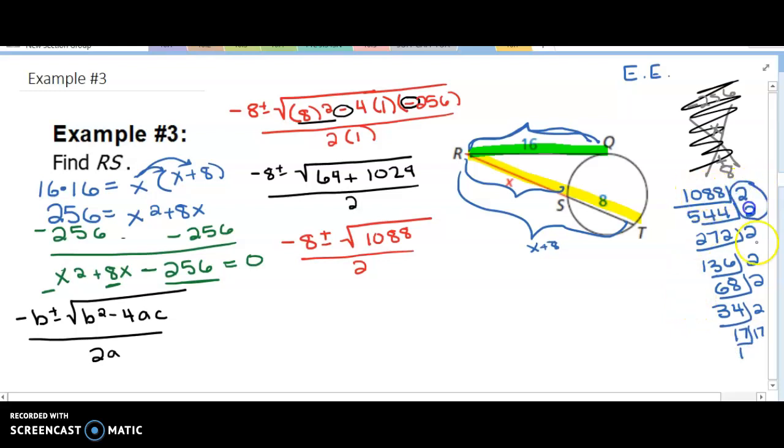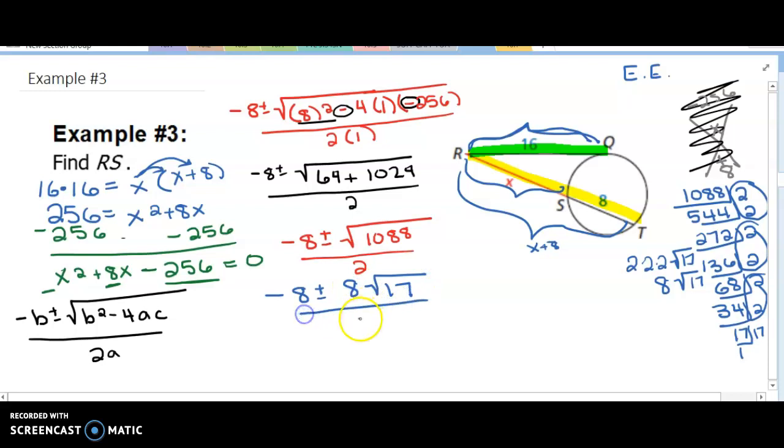Okay. Pair them up. So I have 2 times 2 times 2 times square root of 17, so 8 square root of 17 is the square root of 1088. So I'm going to rewrite this, -8 plus or minus 8 square root of 17 over 2.